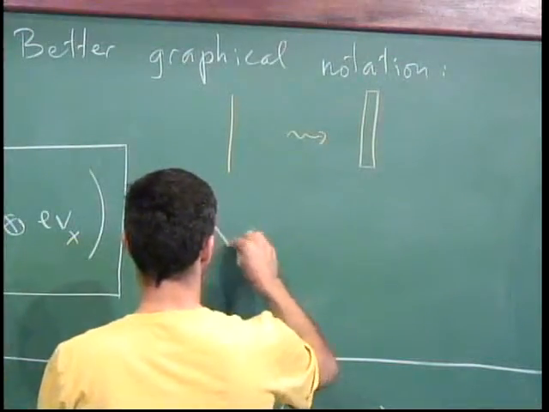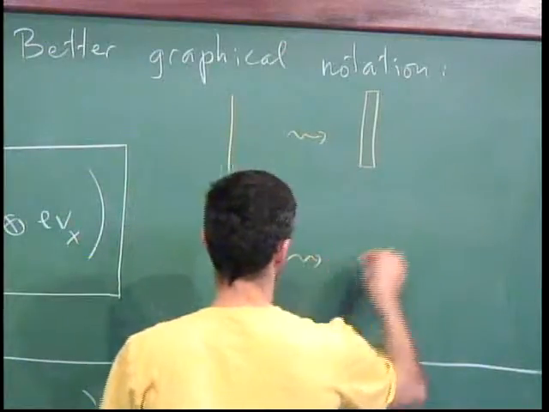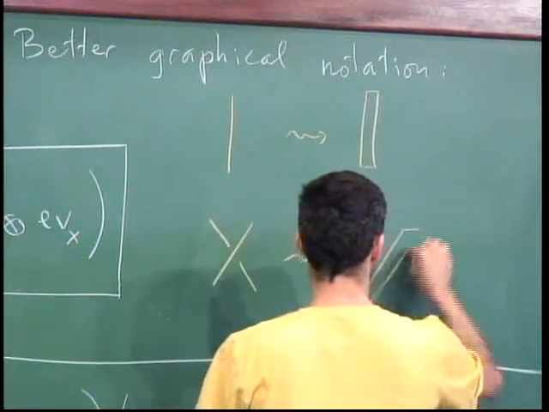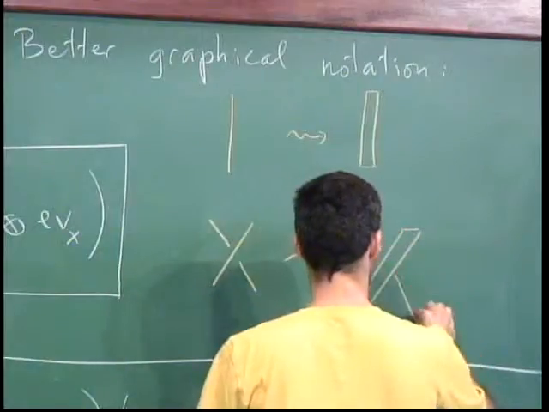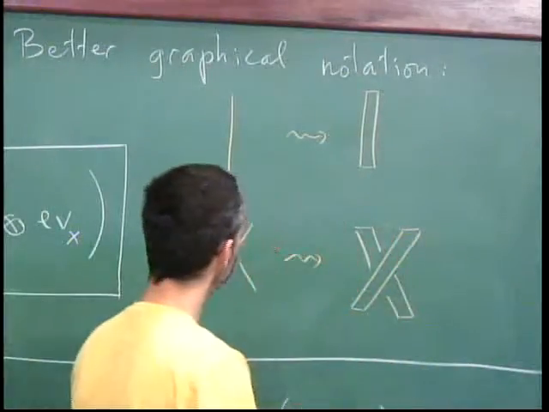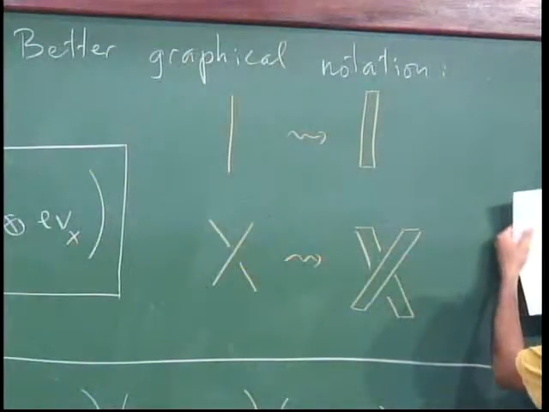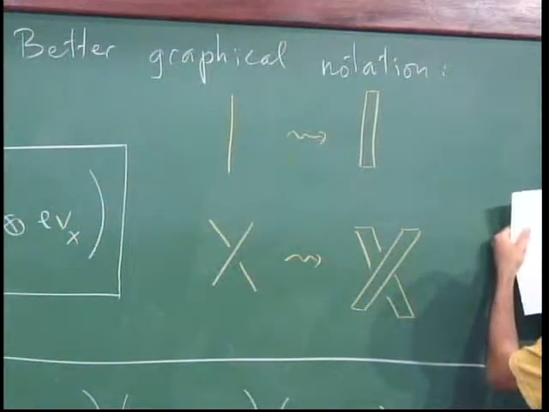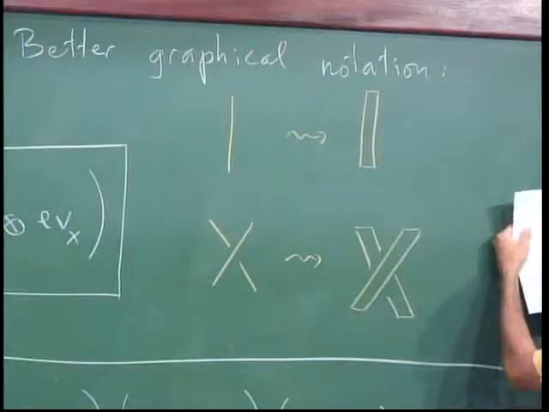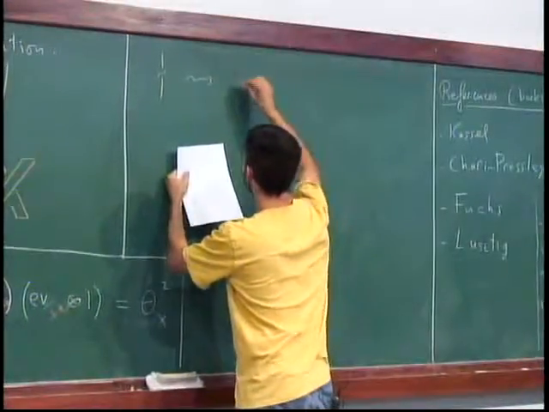If I have a braiding, then of course that becomes a braiding between these two ribbons. And most importantly, if I have the twist, that is encoded by the following thing.